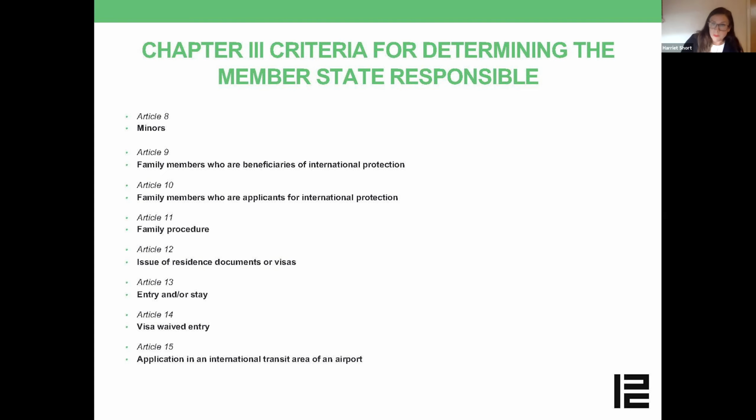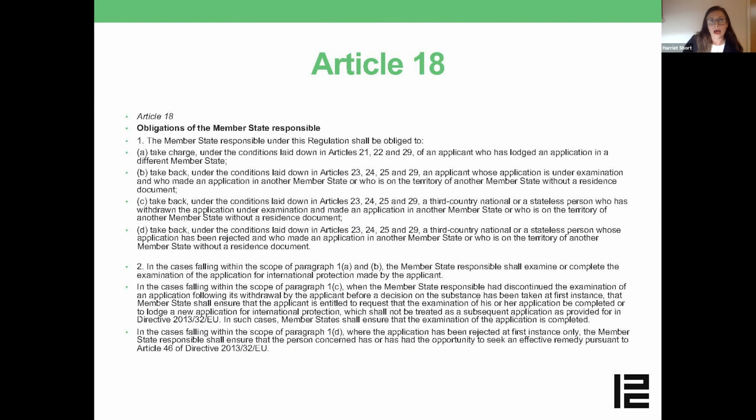Now, once responsibility is determined according to the hierarchy, the obligations of the member state are set out in Article 18, and they require the member state to take charge of an applicant who's applied in a different member state, and that's 18.1a or 18.1b, c, d, to take back if there's already an application in another member state.